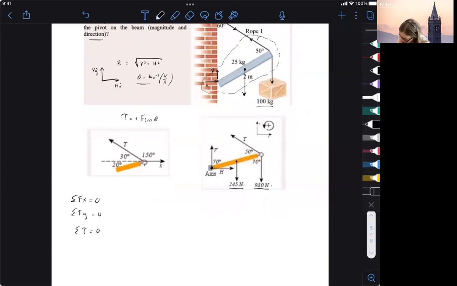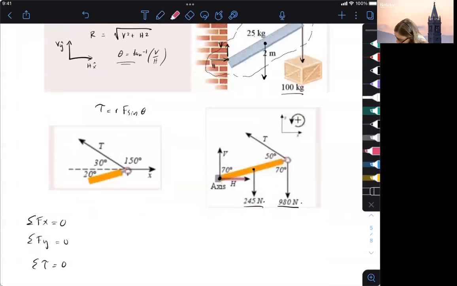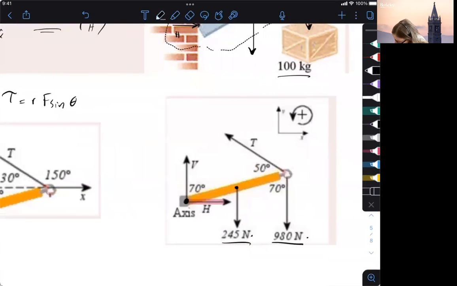So first, let's look at how to find our x and y component forces. It's going to be a little tricky for this tension, because we have this H that's in the x direction, but this tension is up at a 50-degree angle, and this 50-degree angle is not from the horizontal here.